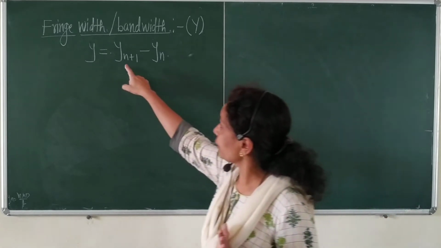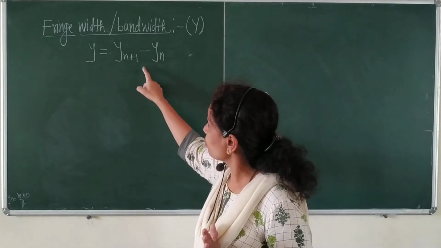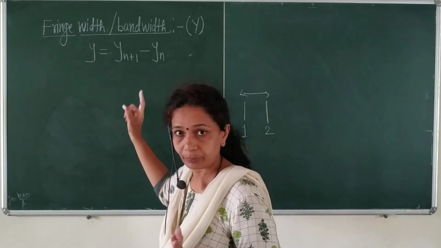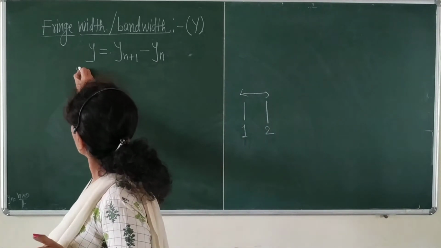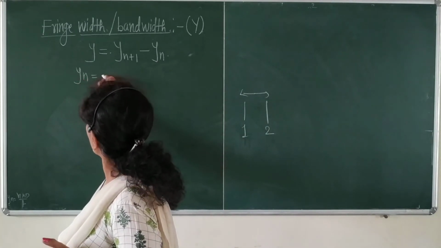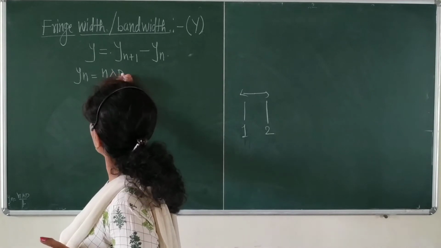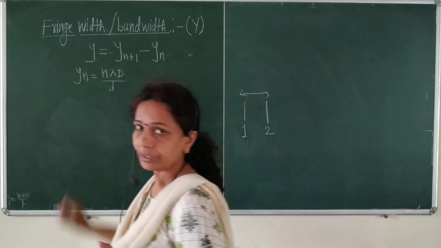Therefore we can write down this yn plus 1 minus yn. For dark band, what is the equation? Yn is equal to n lambda D upon small d.